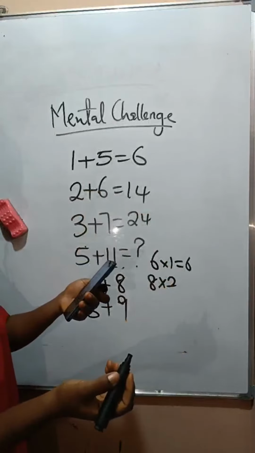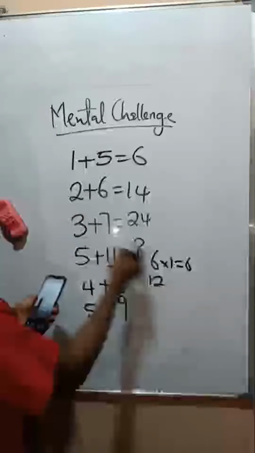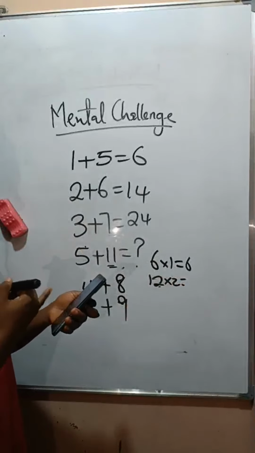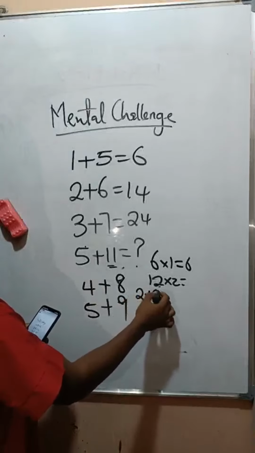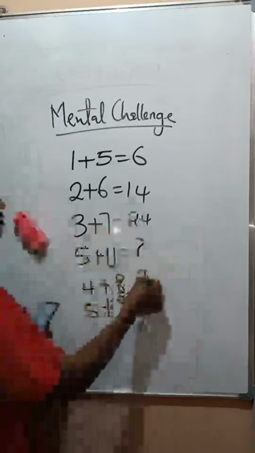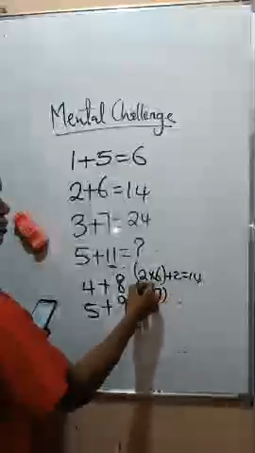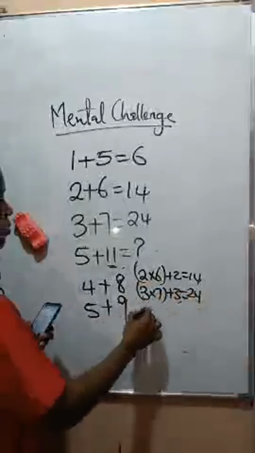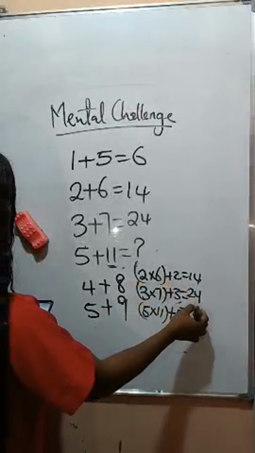That's what you said, A times B. Okay, A times B plus A. So 2 times 6 plus 2, which gives you 14. Then 3 times 7 plus 3, which gives you 24. Now this one will be 5 times 11 plus 5, which gives us 60.